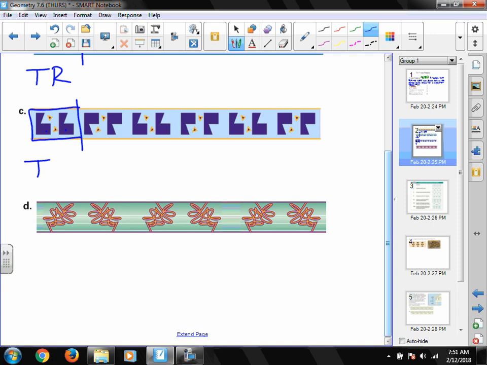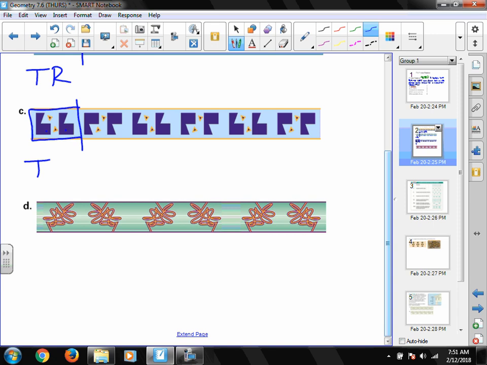Then, in order for me to go from this image to this image, you can see that there is a reflection along with it.